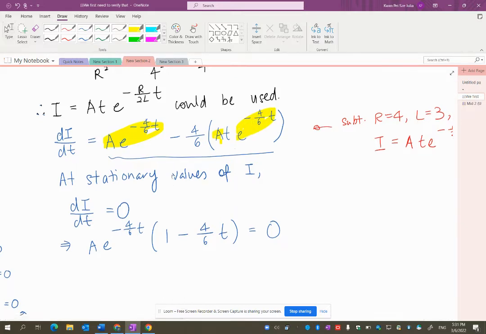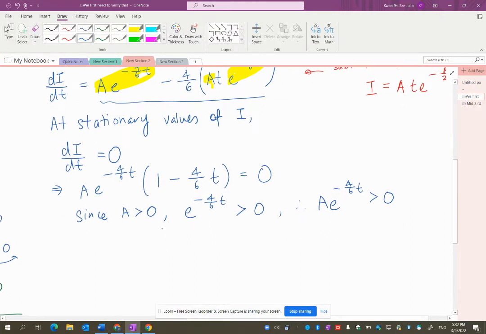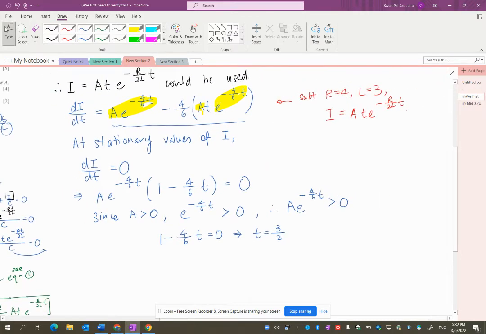Since A is a positive constant, and we know this exponential term is also greater than 0, therefore this term is positive. So it leaves us to deduce that only this is 0, which means that t is 3 over 2.